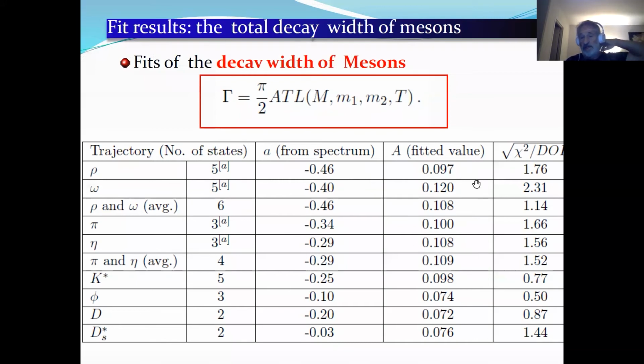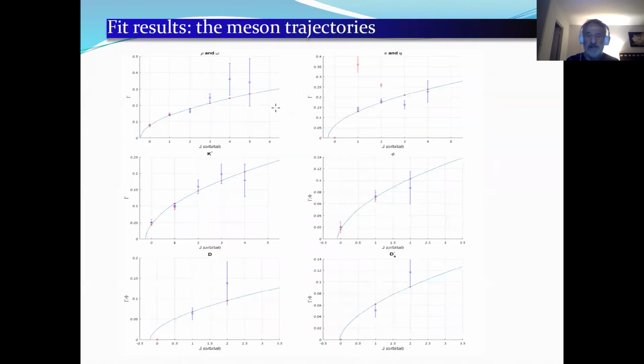Here it's at the 10% order, and when we go to heavier ones, it's 25%. But it's clearly an indication that at least for light quarks, the decay width is indeed linearly proportional to TL, with a universal constant pi over 2 times A.